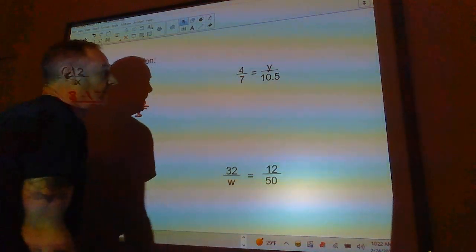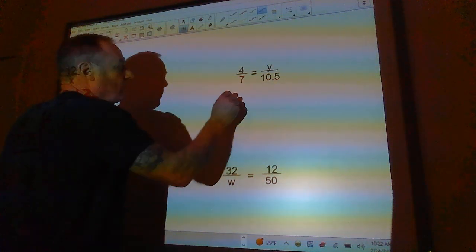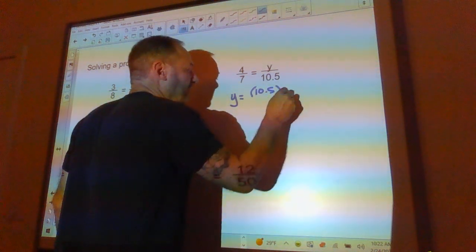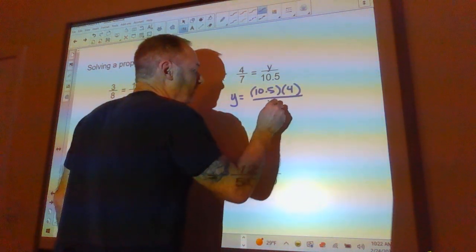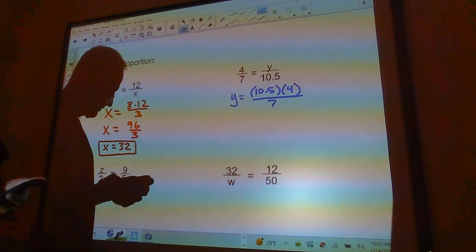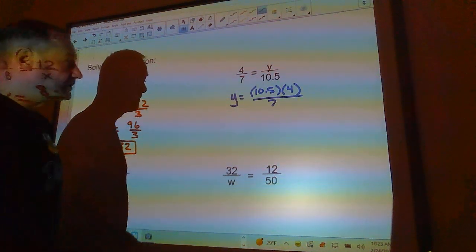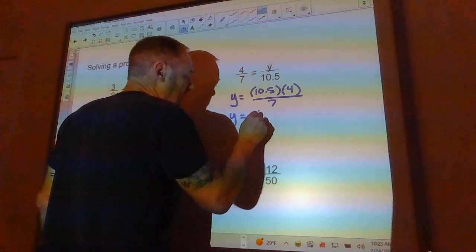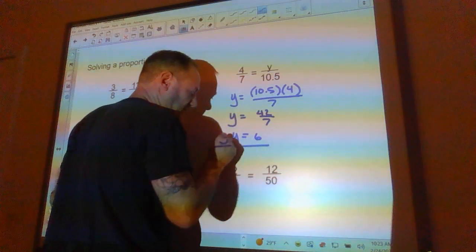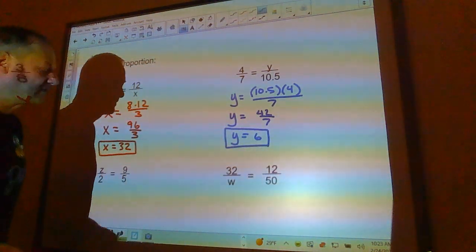Next up over here, y is going to equal 10.5 times 4 divided by 7. 10.5 times 4 is 42, divided by 7, so y is 6. So hopefully you got 6 for y.